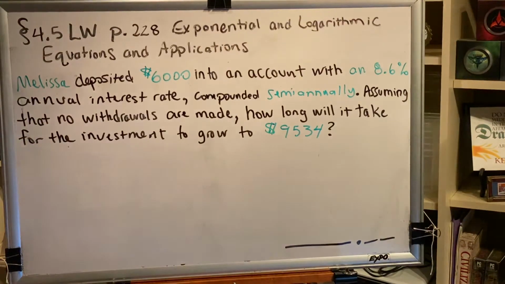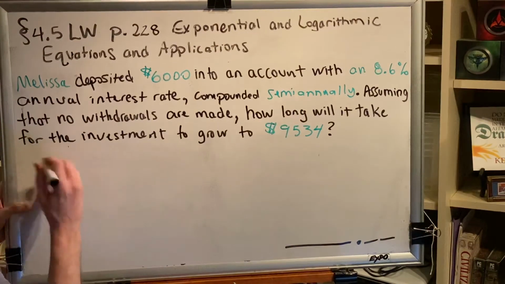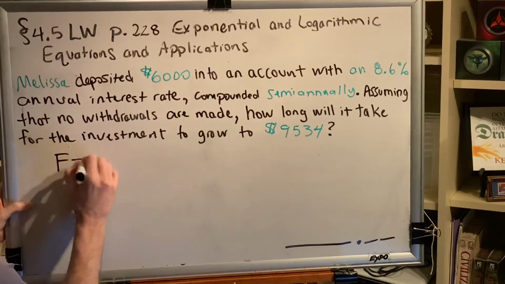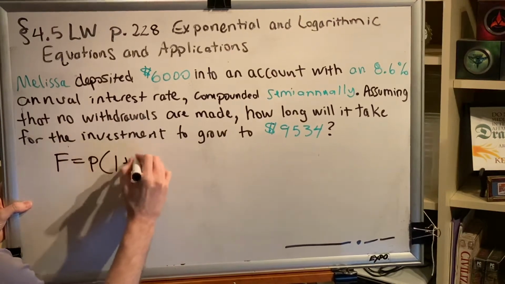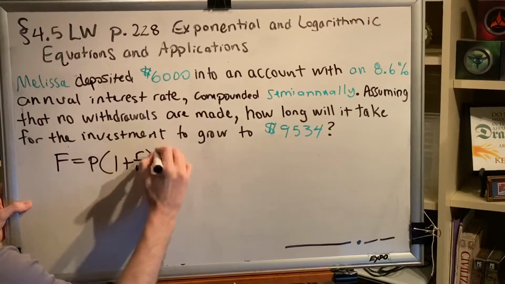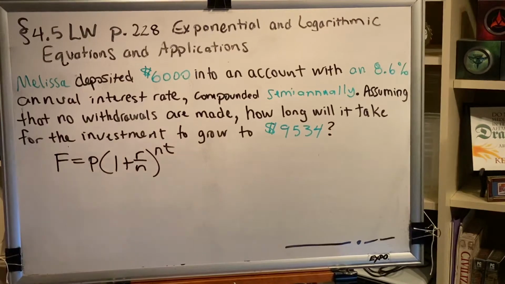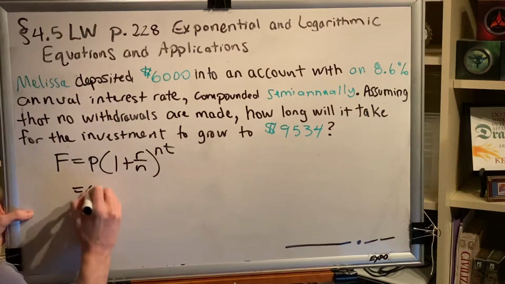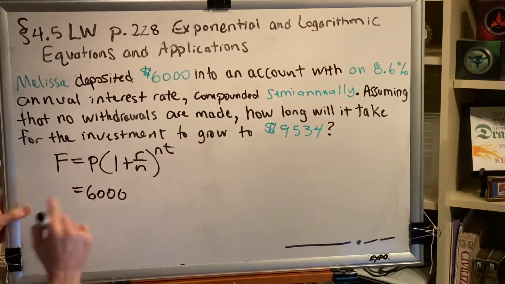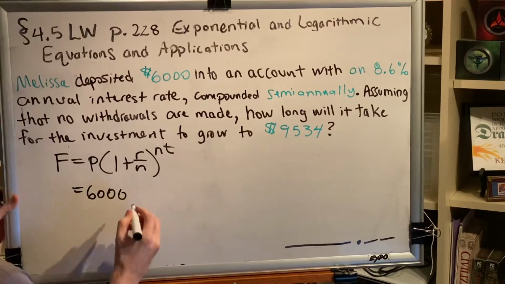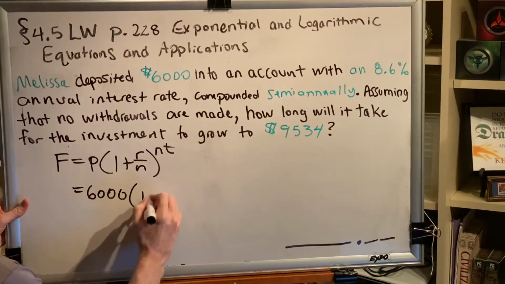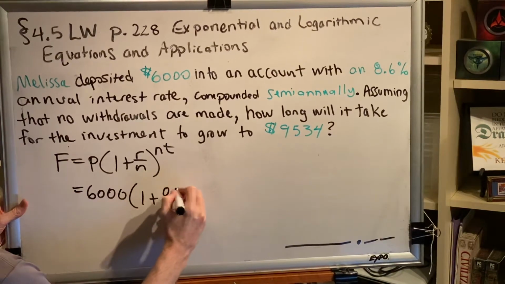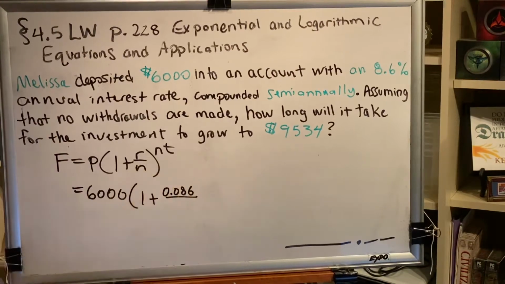So semi-annually, let's plug into our formula. We have the following: F equals P times (1 plus R over N) to the NT power. Let's read the problem and fill in as we go. Melissa deposited $6,000. That's the amount of money she has now in the present, into an account with an 8.6%, so that would be 0.086 for R, annual interest rate, compounded semi-annually.